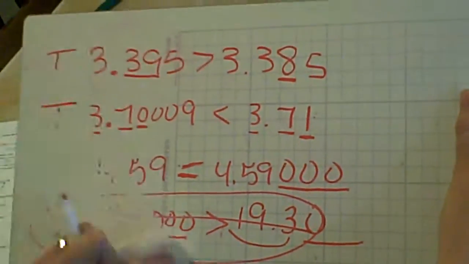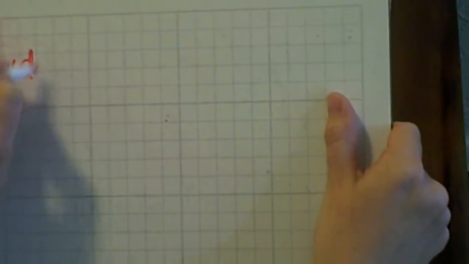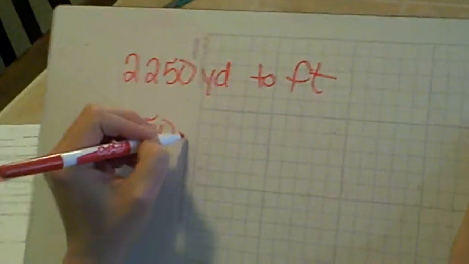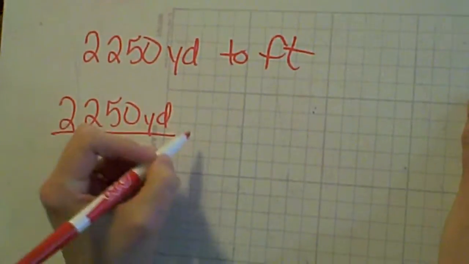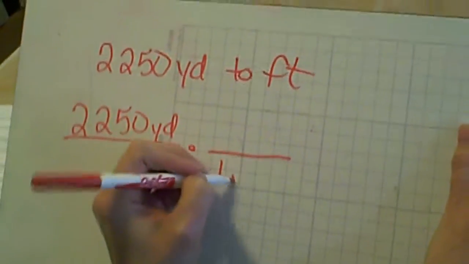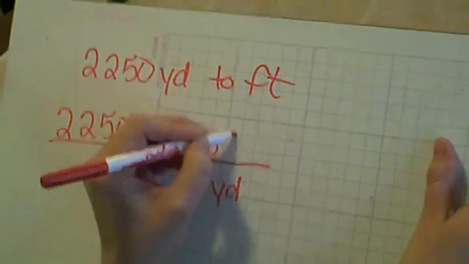Okay. And number 8, it says use a unit multiplier to convert 2,250 yards to feet. Remember, you're going to write the 2250 yards, the first thing you're doing, over 1, and then we're going to come up with our unit multiplier, and you all should know that there are 3 feet in 1 yard, and since the yards is here, we want the 1 yard on the bottom, 3 feet on top.